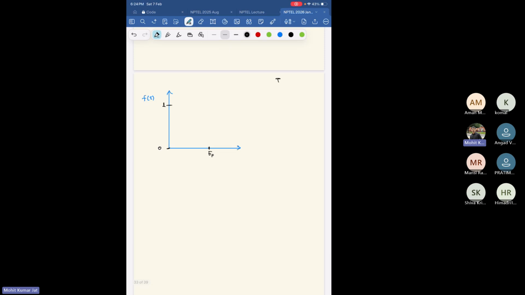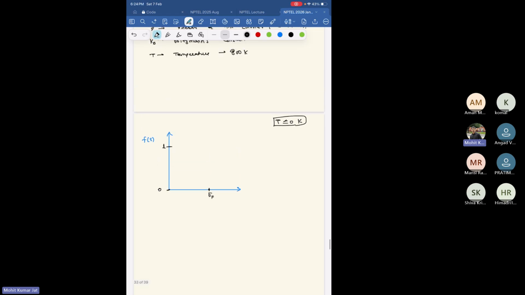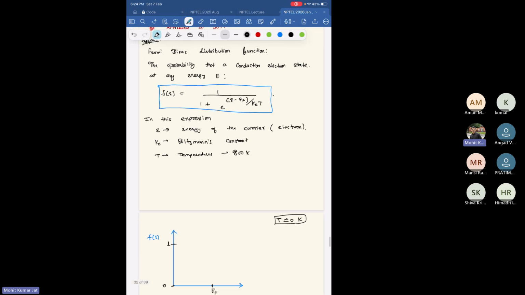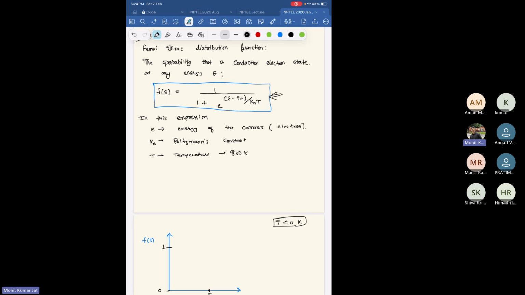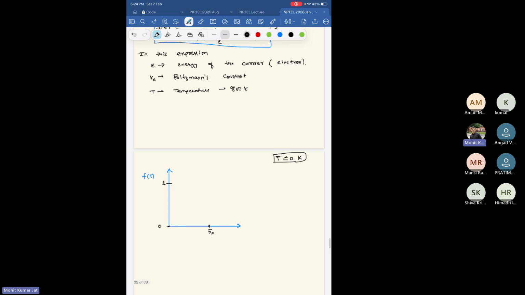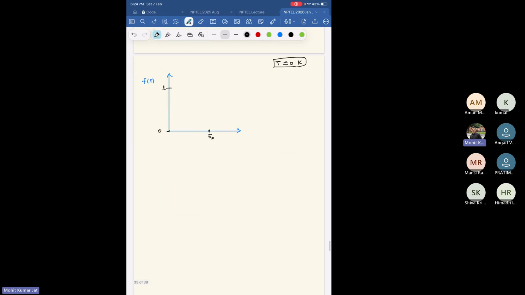Let's take the case T equal to 0 Kelvin first. At T equal to 0 Kelvin, there are two cases: E less than EF and E greater than EF.